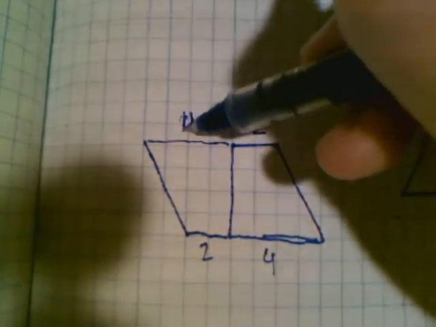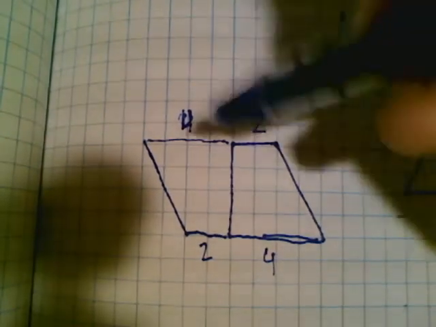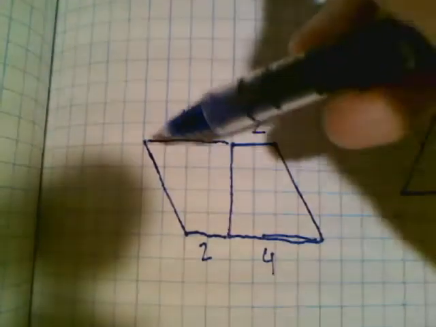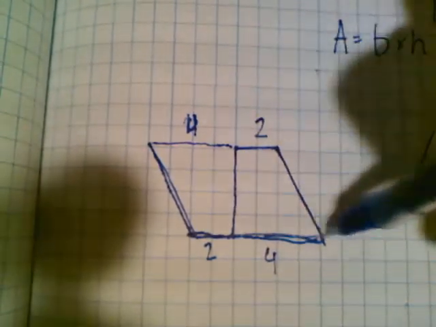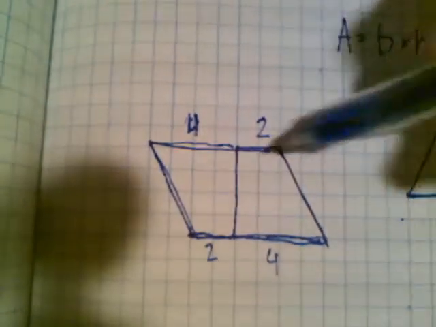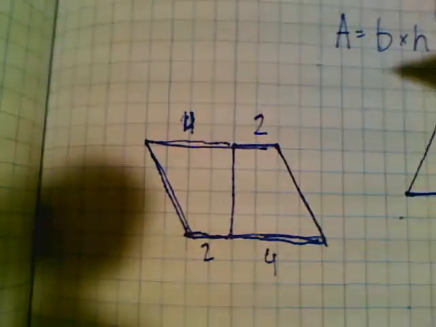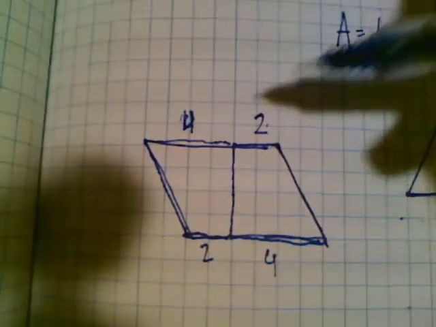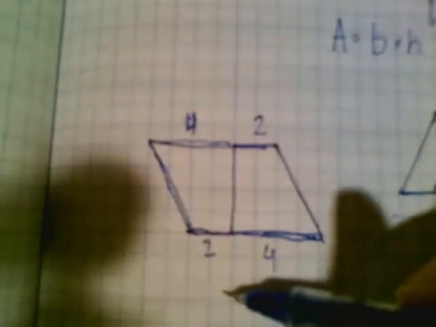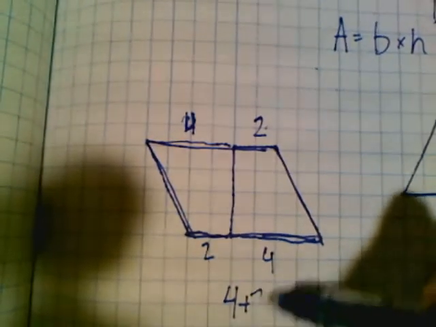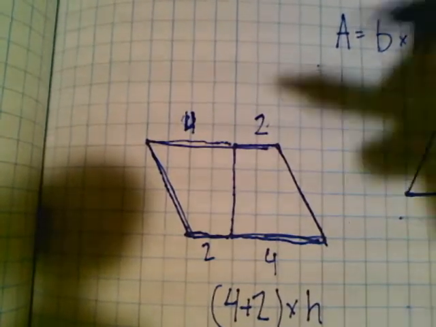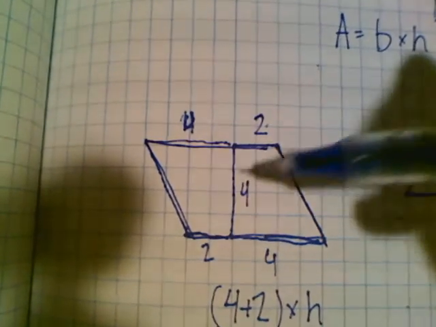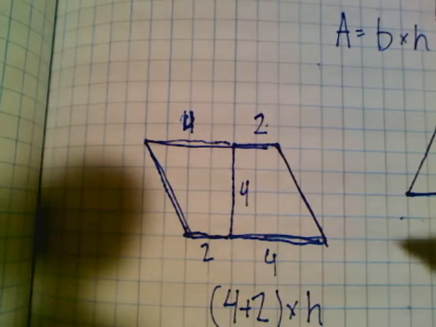Now you'll notice at this point, this is just a parallelogram. Where the two sides of my parallelogram are 4 and 2. So you get 4 plus 2 is my base times the height, because that's my formula for the area of a parallelogram.